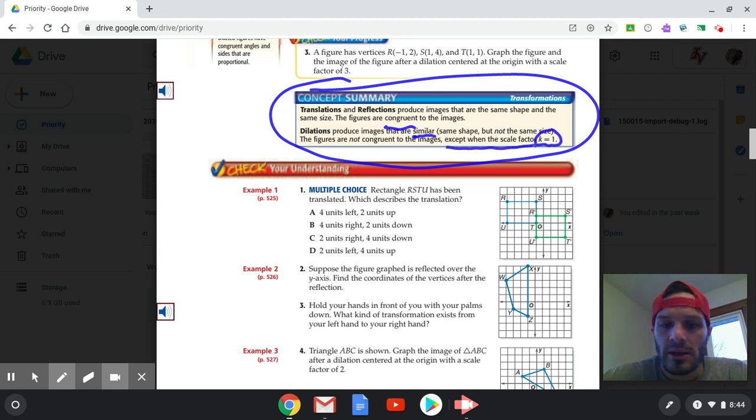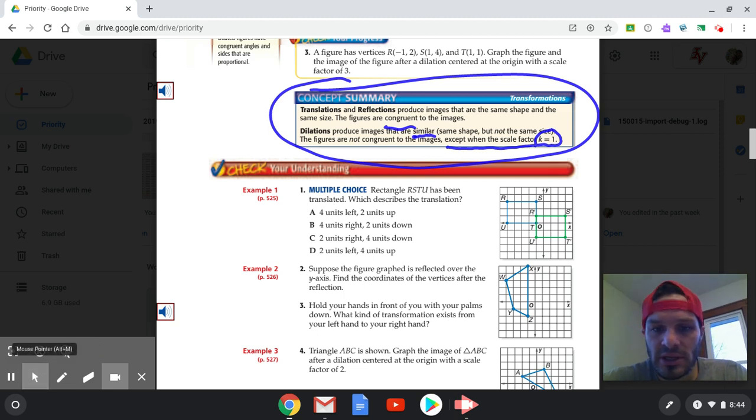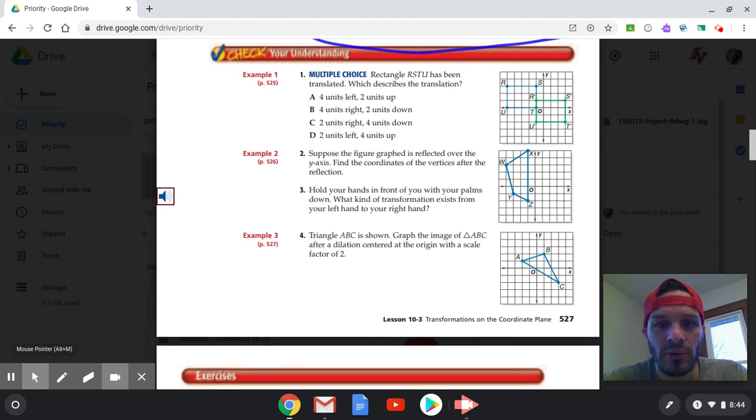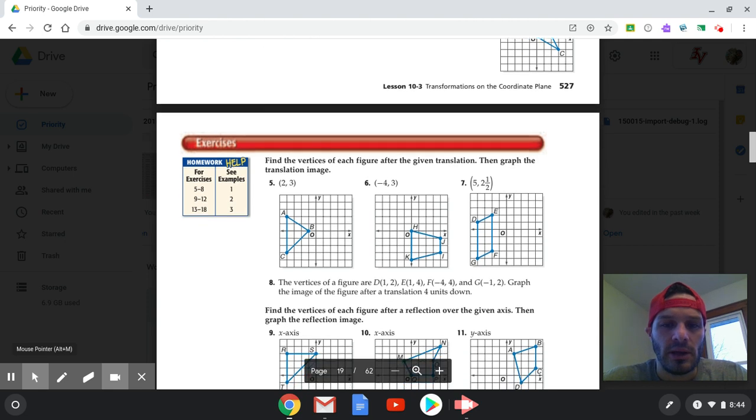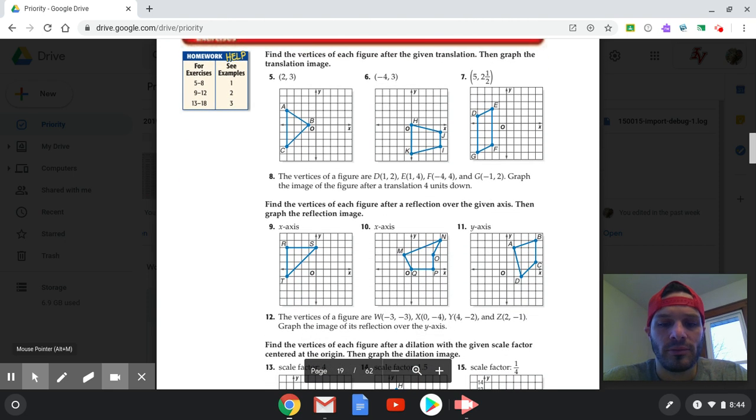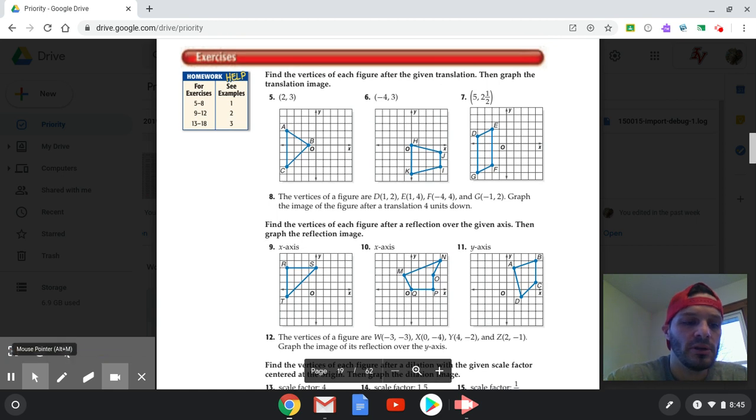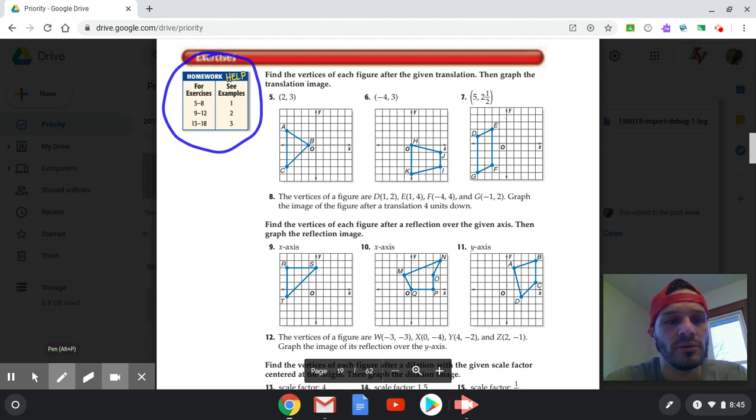Okay. I'm going to also let you see the rest of these examples. So if you're needing more practice problems, here's 1 through 4. You can pause your screen. Here is 5 through 12. All right. And notice, as you're watching this too, that this box right here tells you how to do each example.